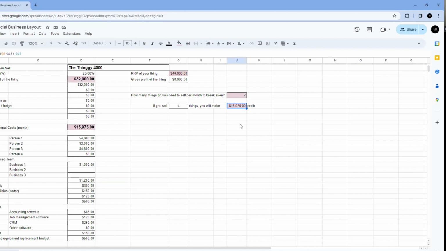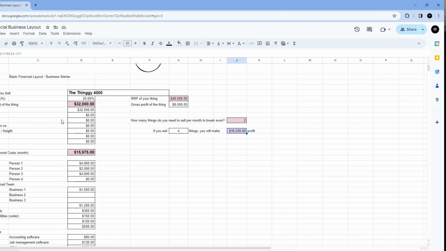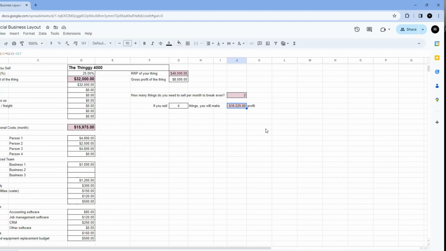starting off. And it's not too unachievable in a smaller business with the team that we had, with the marketing that we had, to be able to hit this kind of a price point where we are at about that 25% markup, where we are selling at about that $40,000 mark and having $16,000 a month as our total profit at the end of everything.